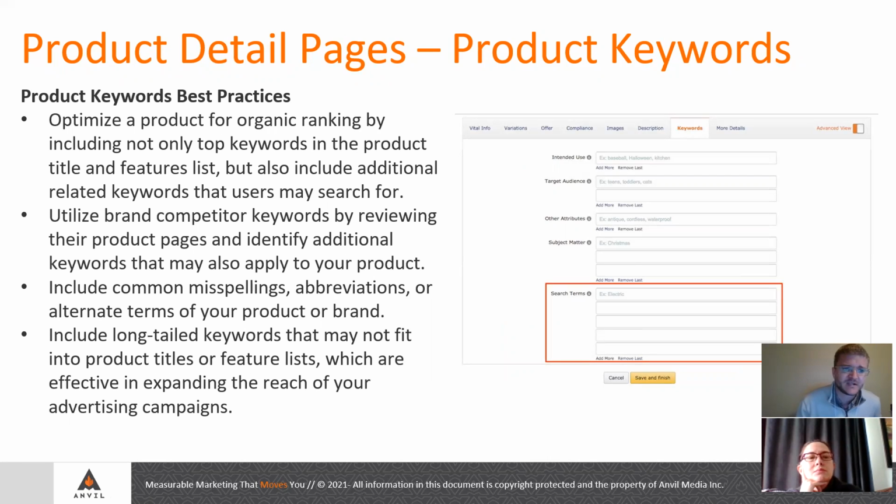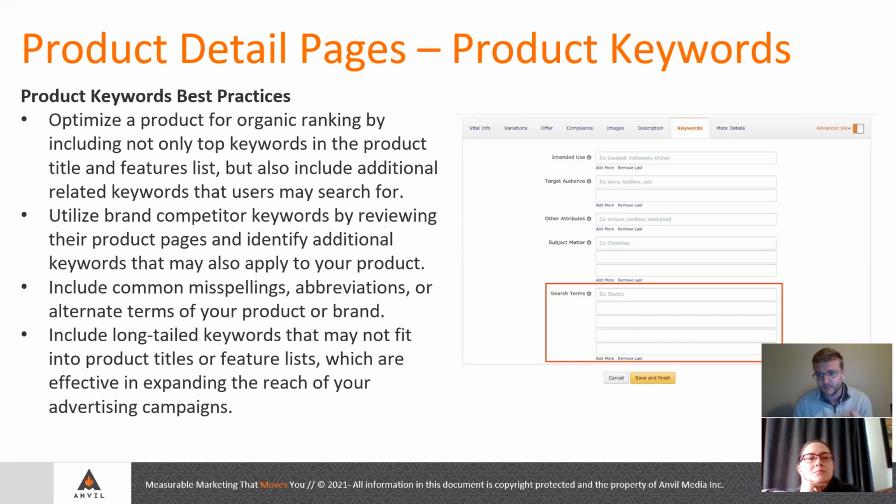Some best practices here are to optimize the product for organic ranking by including not only top keywords in the product title and features list, but also any additional related keywords that users may search for. Also use competitor keywords by reviewing their product pages and identifying additional product keywords that may also apply to your product.